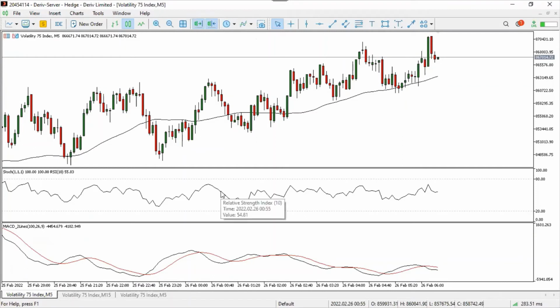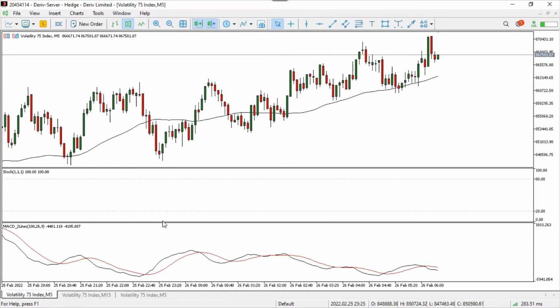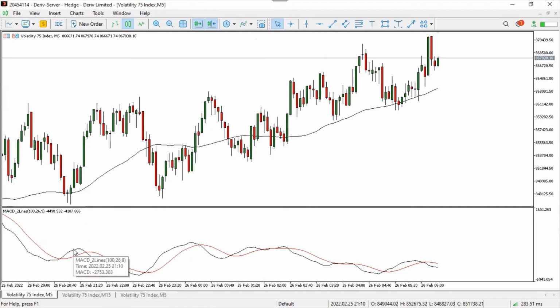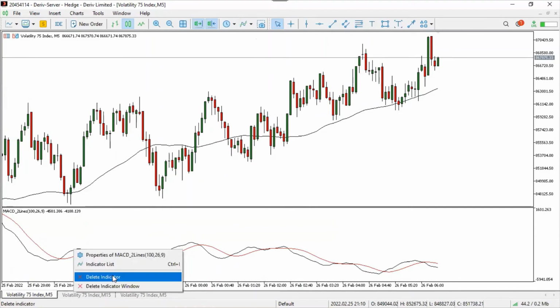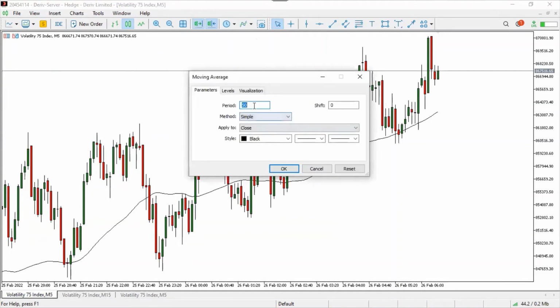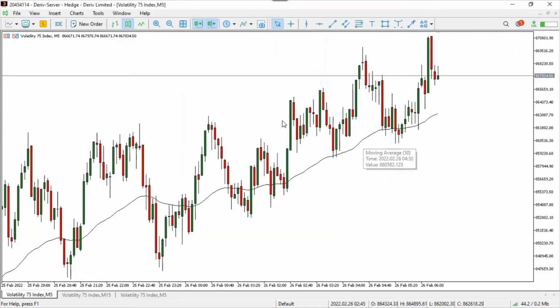Okay, let's delete all these here. Okay, so I go there, and I change this. This is 50 already, so I will change it to exponential, then fine. So this is exponential moving average 50.